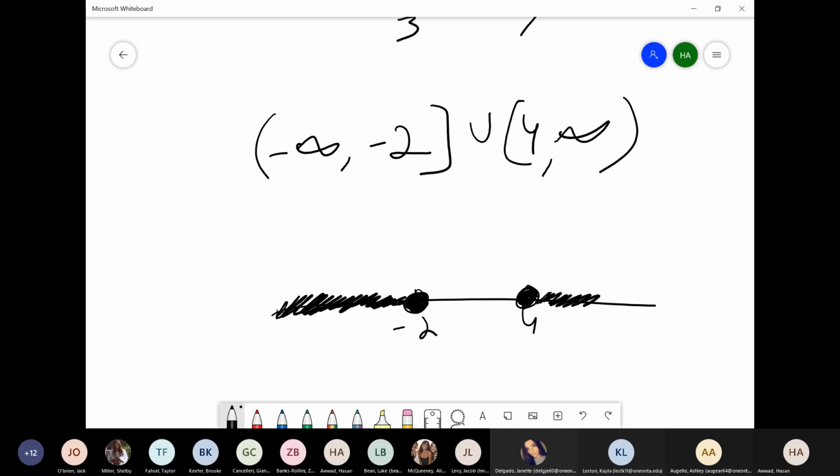And so we shade this region here. And that's it. Now we have two different intervals that were compounded together, and we see that we have two different shaded areas. The number of intervals is directly going to correspond to the number of shaded areas that you have. Does that make sense? Are we okay on this? Yeah, that makes sense. Thank you.